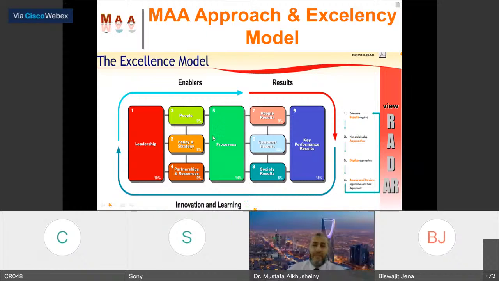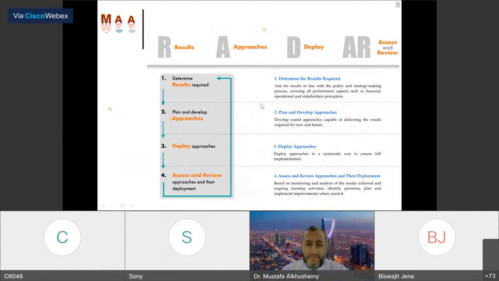As we see here, the core of this model is based on the processes and key performance. And my approach is already based on this. It's based on activity and key performance. Now, in order to measure or monitor the results of any management system, the global excellence model uses the RADAR system.